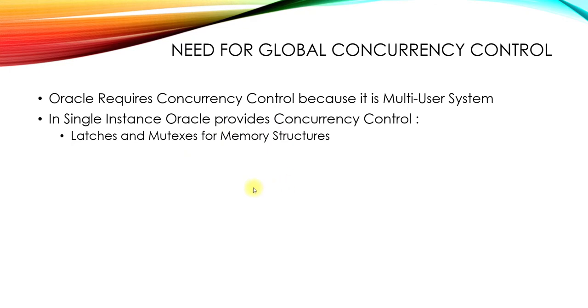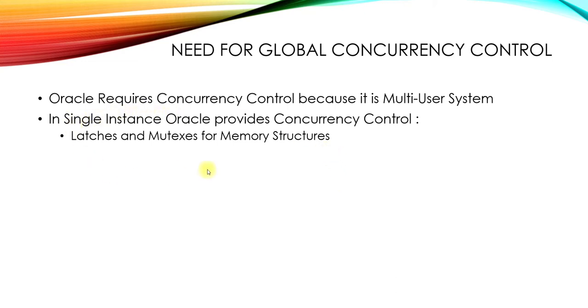When you zoom into the RAM, or let's say memory, when we talk about the instance consisting of memory structure and background process, the inner working of the memory structure is completely written in code, which is called a linked list. You must have studied linked lists in your university.